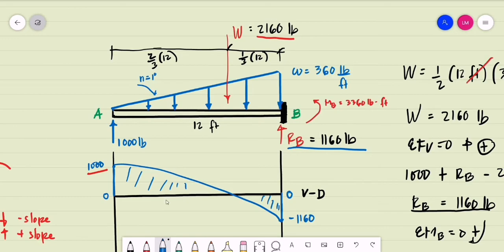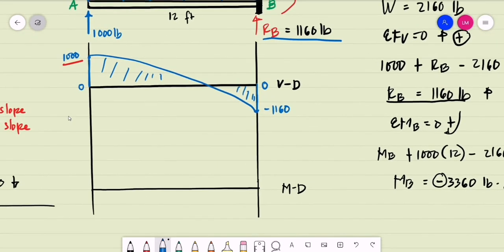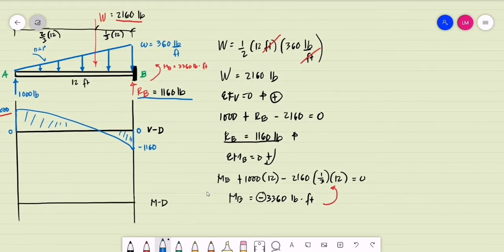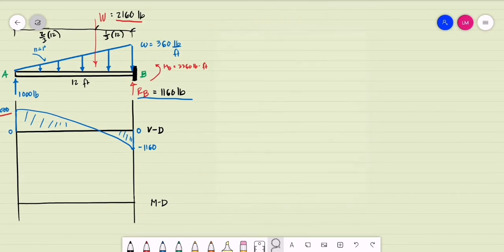Okay, so how do we draw our next diagram? That is the moment diagram. For our moment diagram, we need first to determine the location of zero shear.